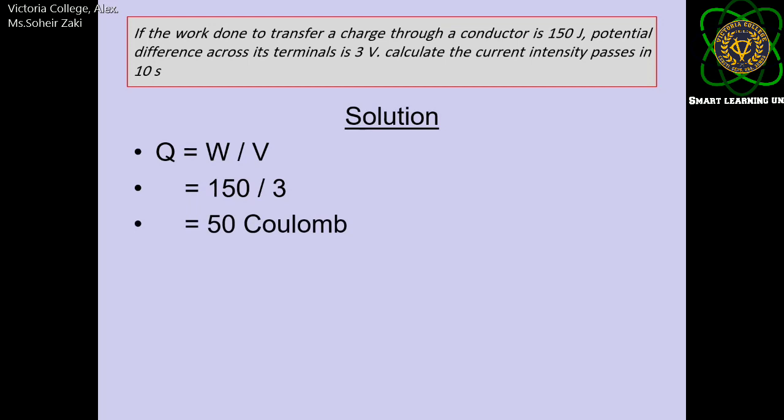So the Q, or the quantity of electric charge, equals 50 coulombs. Let's see the next step. To calculate the current intensity, we will use this rule, I equals Q divided by T. So 50 coulombs divided by 10 seconds equals 5 amperes. So in this type of problems we need to calculate two parameters instead of one.